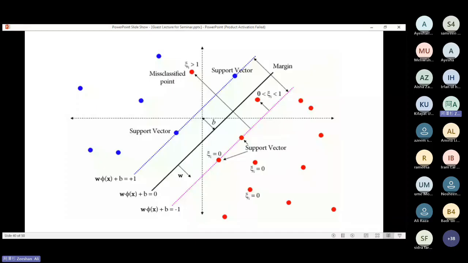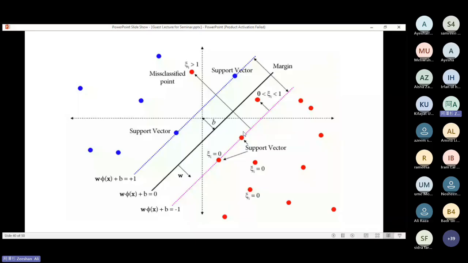And similarly, we have points that cross the decision boundary. We have red dots and green dots. We draw the hyperplane between these two groups, but some points are located on the other side of the decision boundary. This is the decision boundary. If the points are inside their own side of the hyperplane, it's okay.